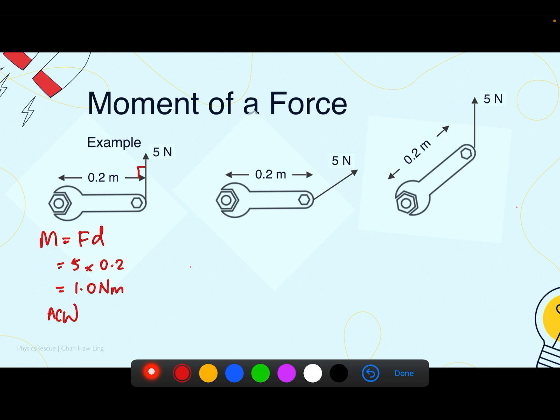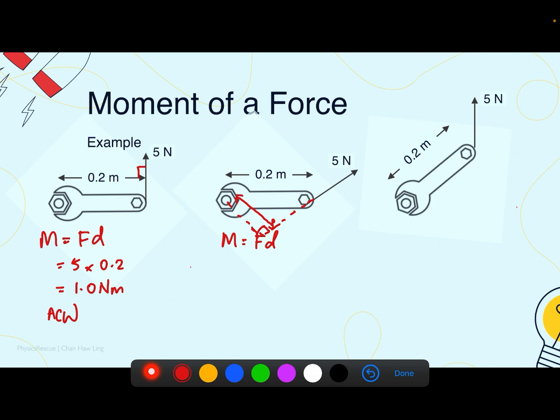So if we want to find the turning moment here, we will need to know what this distance is, which is, if I extend this 5 Newton force and it makes a right angle with this, this is the perpendicular distance.